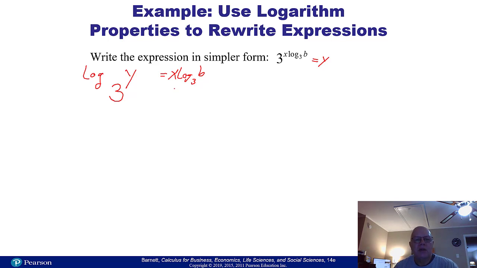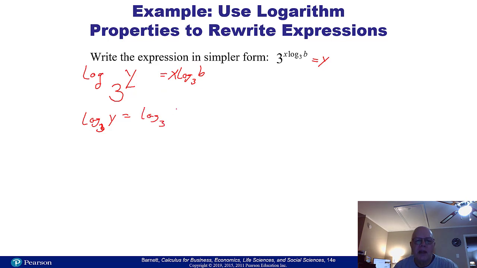Now what can I do? Let's see. Both of these are log base 3. So if I take the log base 3 of this, and I get the same thing as log base 3 of this, they must be the same. But I'm going to have to fix one thing first. I'm going to rewrite this one, log base 3 of y, and I'm going to bring this x up here.